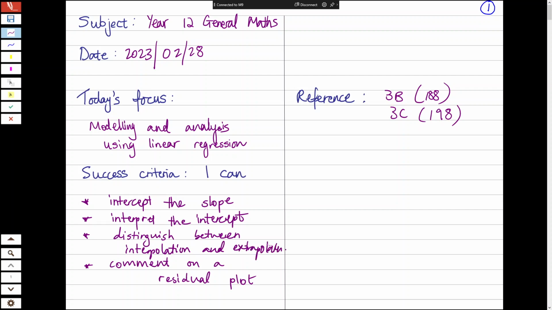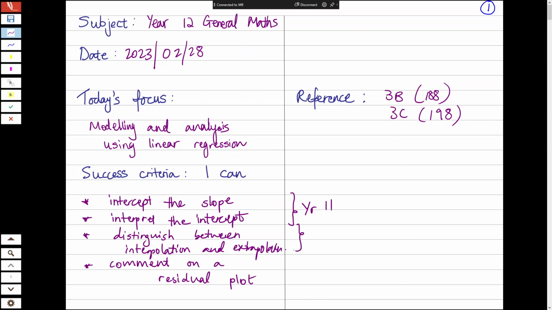So, yourselves, if you could listen now, please. Have a look at what I want you to be able to do today. So, interpret the slope and interpret the intercept. If you were in year 11 last year, that should sound familiar, even though most of you didn't do it on the exam. We did cover it last year.